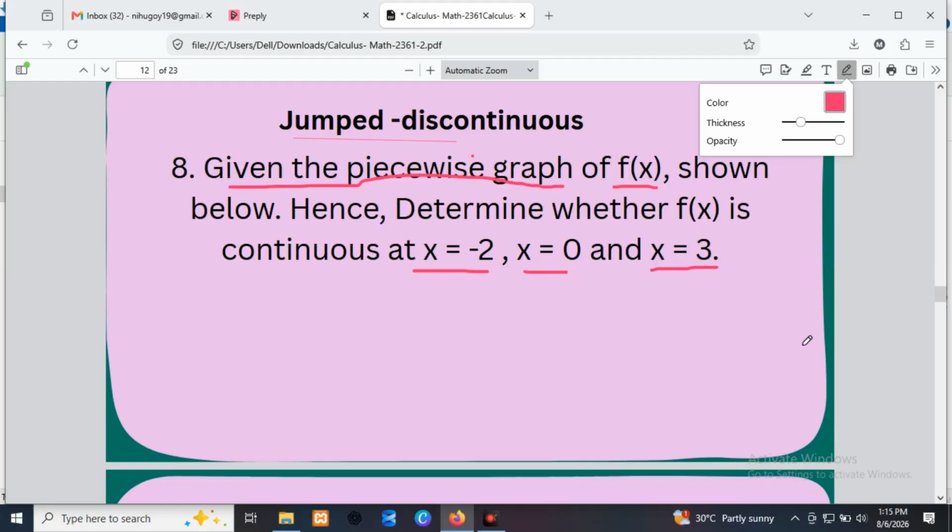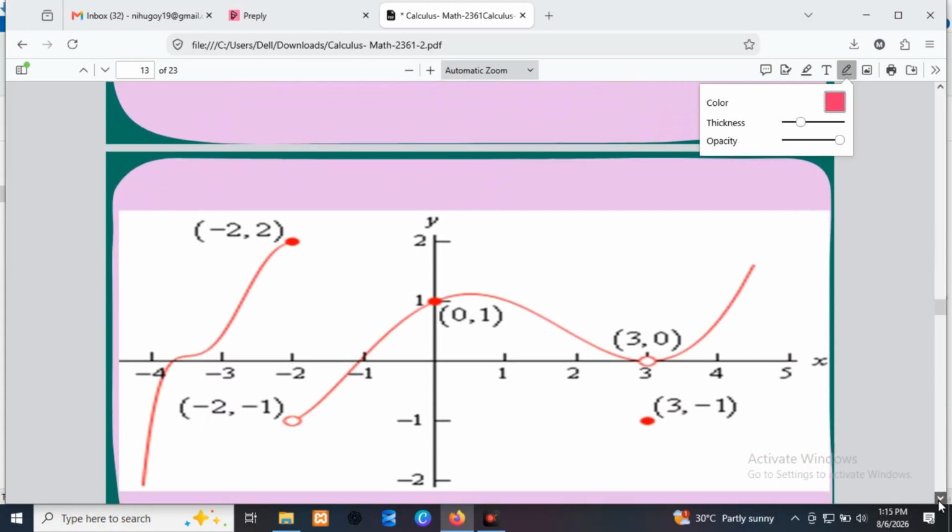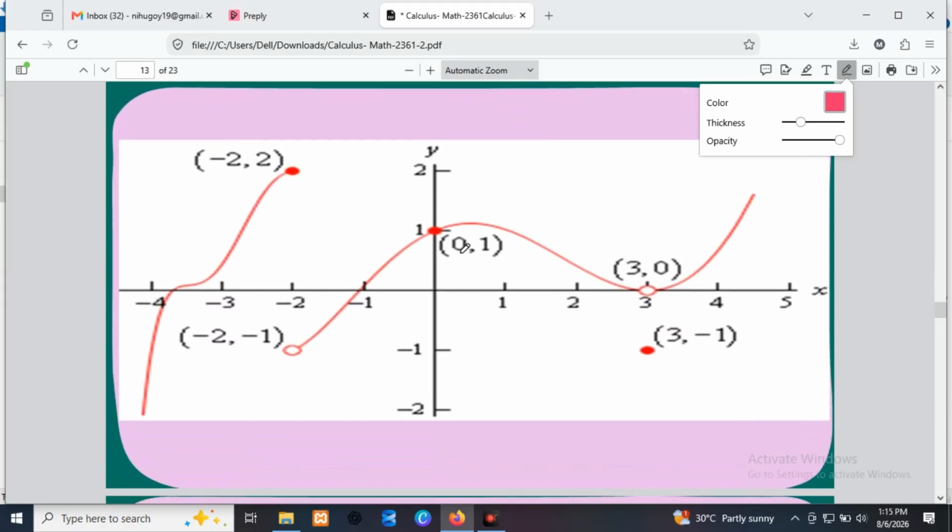The graph is called the graph of a piecewise function. So we are going to check at x equals -2, x equals 0, and x equals 3 whether this function is continuous or not.